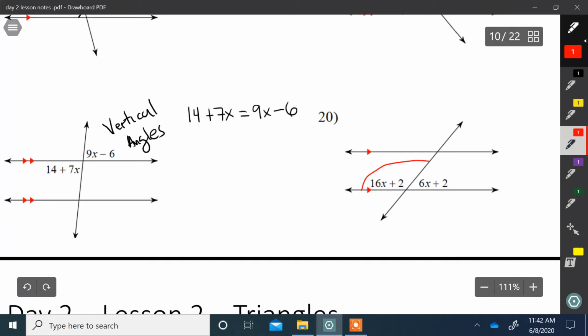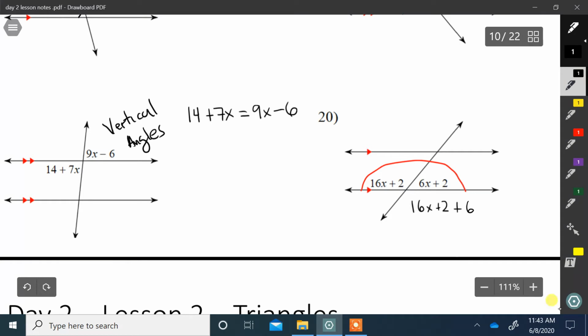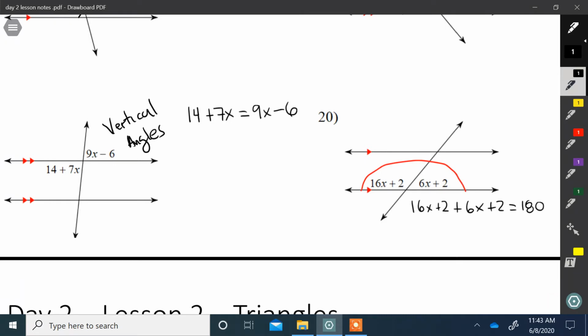This one, the name specifically, those are called supplementary angles. Remember, supplementary angles are angles that add up to 180 degrees. So I know that 16x plus 2 plus 6x plus 2 is equal to 180 degrees. And then you solve for x.